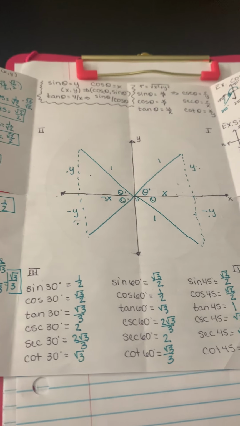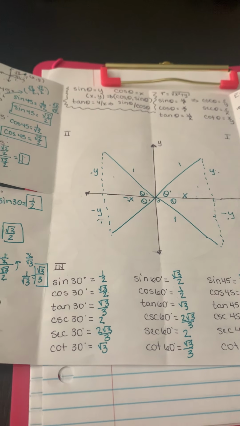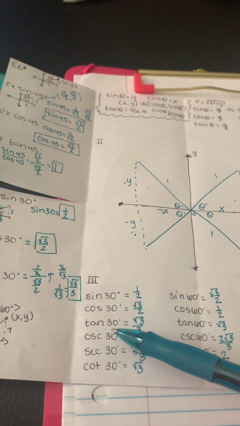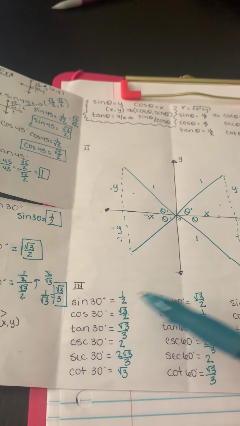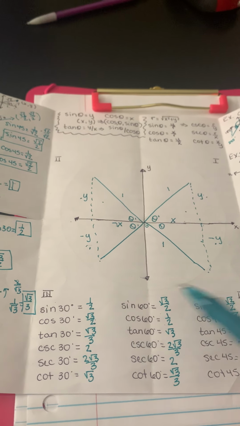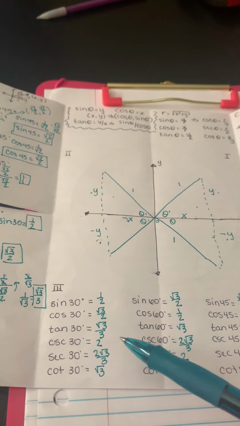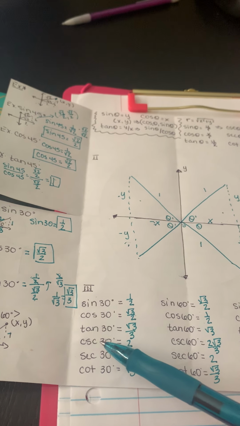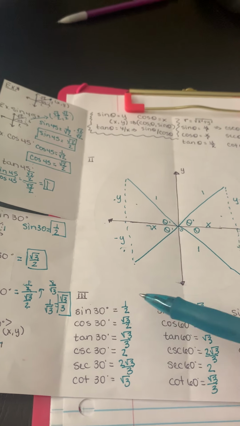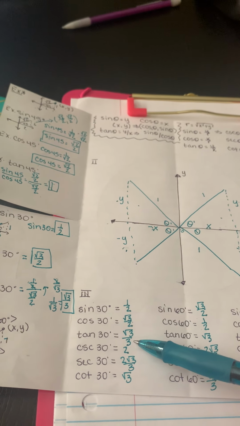All right, what do you need to know? You need to have memorized sine, cosine, and tangent of 30, 60, 45. That's part of what you need to have memorized. Then you need to remember that cosecant and secant and cotangent are the reciprocals of these sine, cosine, and tangents.